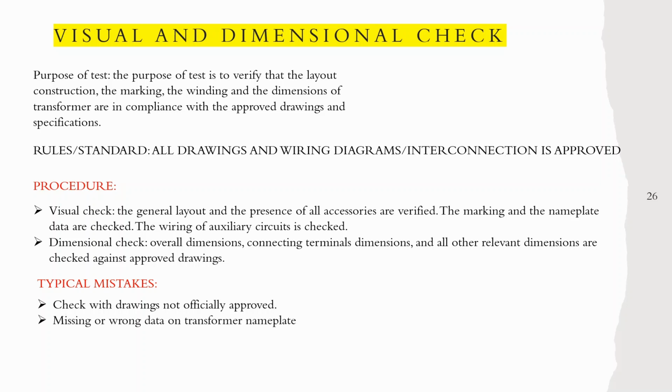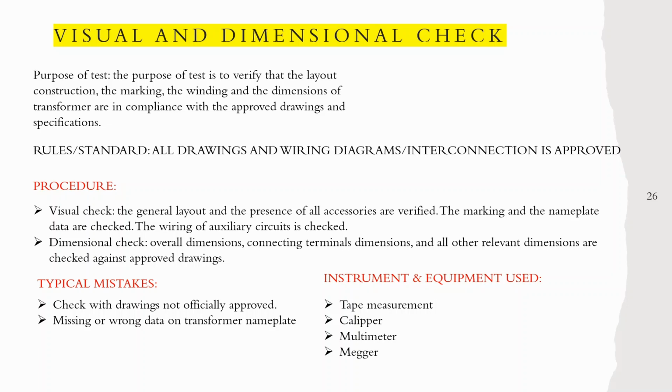This is what I found; sometimes the manufacturer is different, and then the date, and sometimes the PO number. You need to verify the nameplate. Instruments and equipment used: tape measure, caliper, multimeter, and of course Megger. This is how you do the visual and dimensional check.